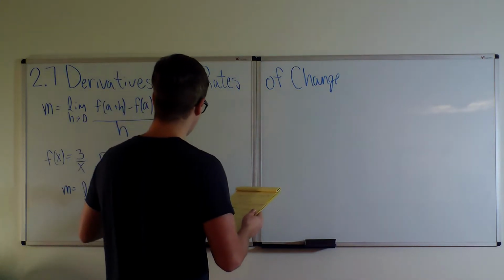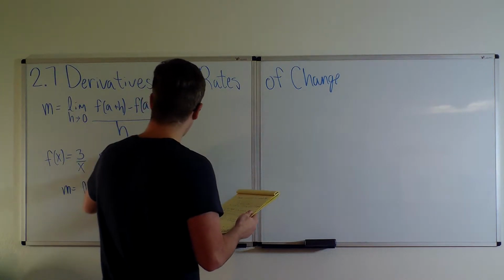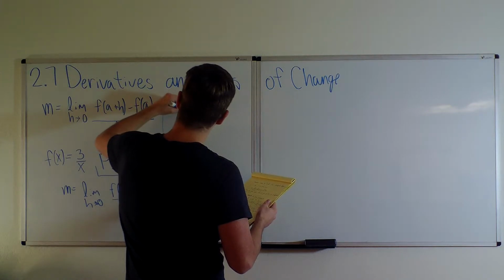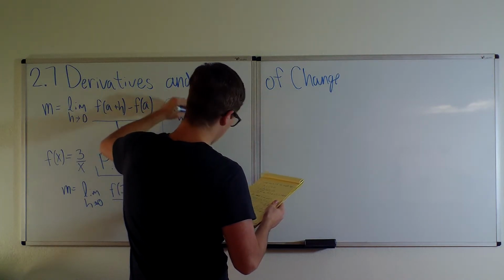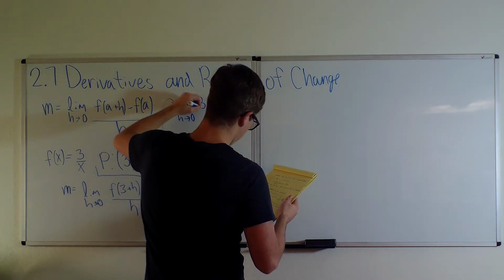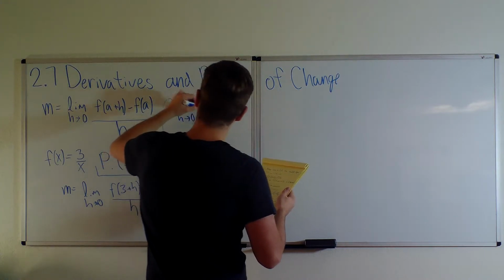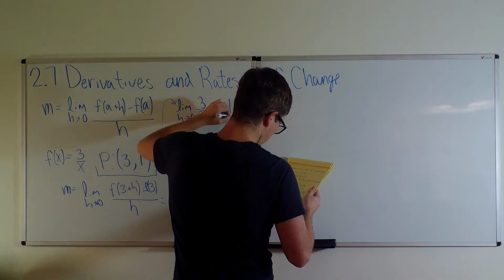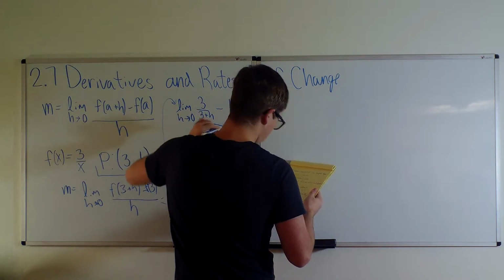This is the same as the limit as h approaches 0 of 3 over (3 plus h) minus 1, over h.